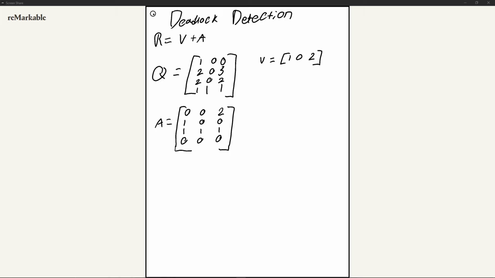R is equal to V plus A, so if we need the resource vector, this is a vector that we're going to be using when we're comparing.